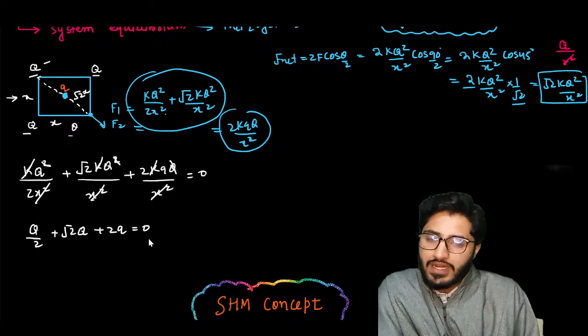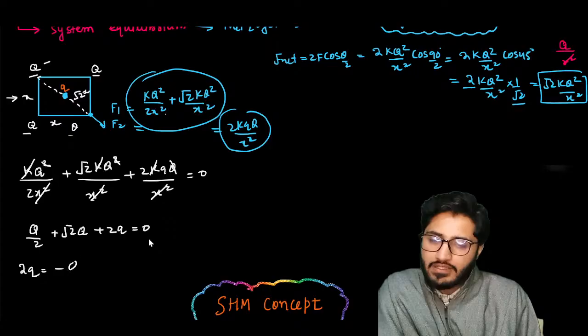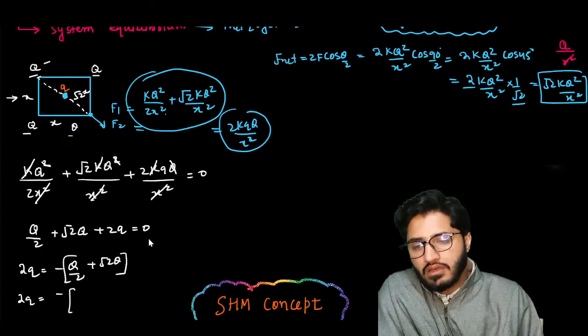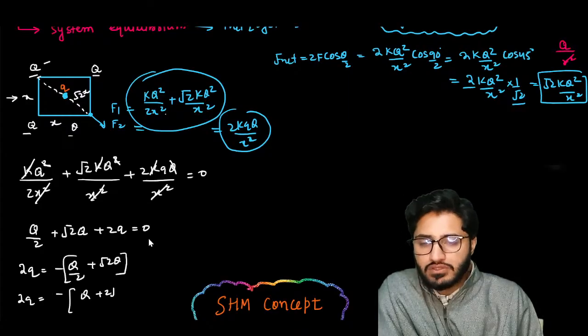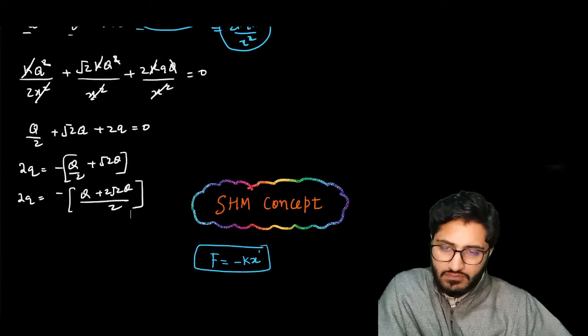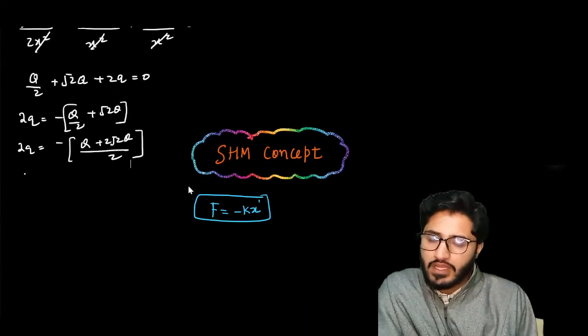So can I write here, sir, my 2q is equal to minus q by 2 plus root 2q. So I can write 2q is equal to minus q plus 2 root 2 times q whole divided by 2. Look here, I will take q common.